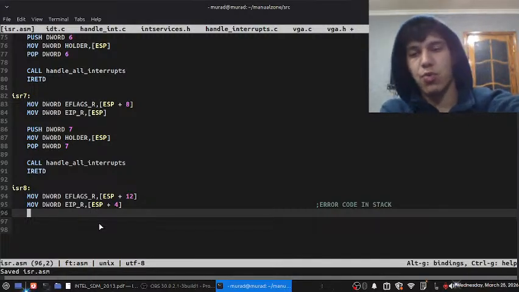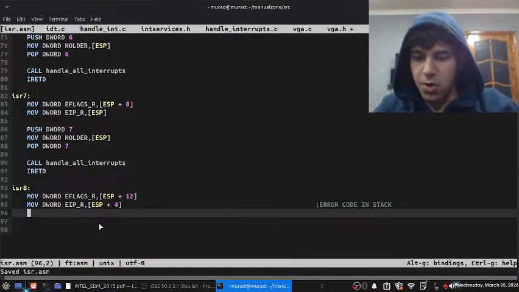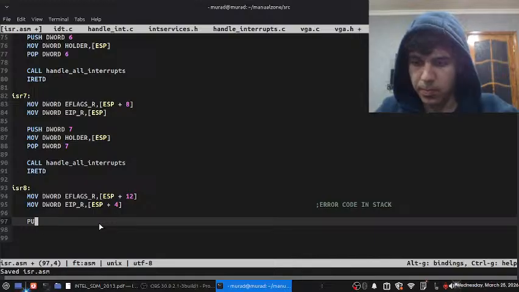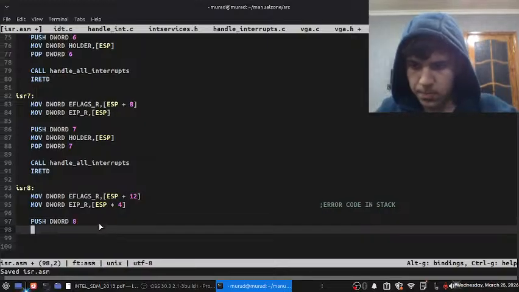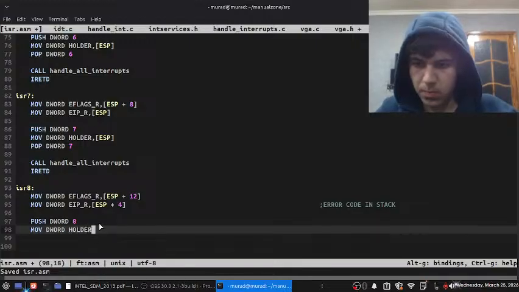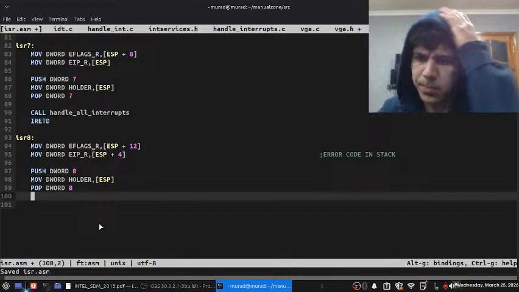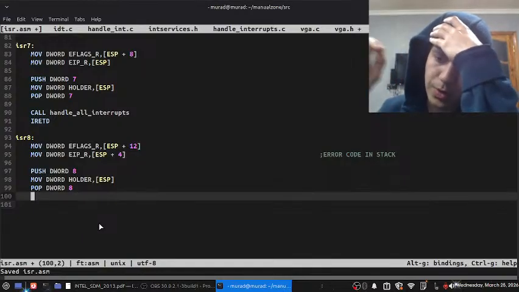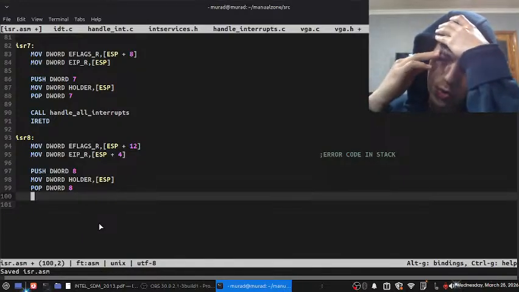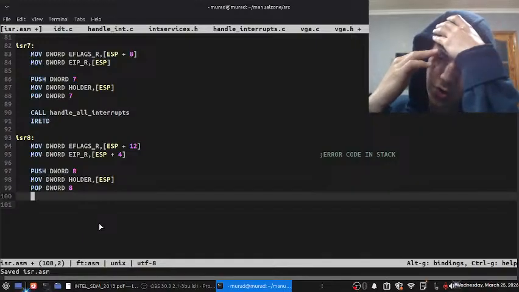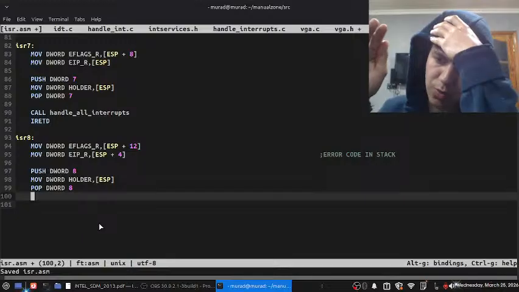The stack pointer points to the error code, and above the error code there is my instruction pointer.